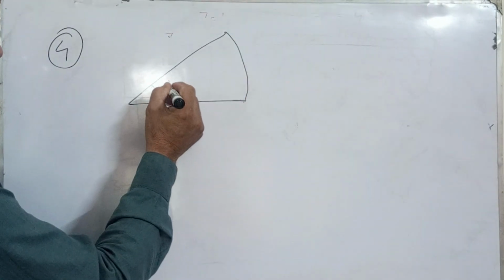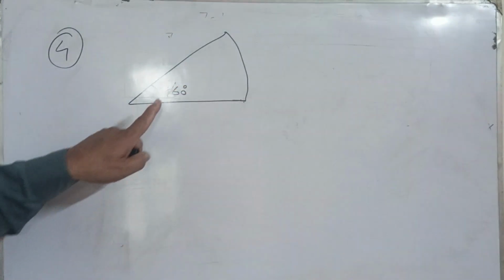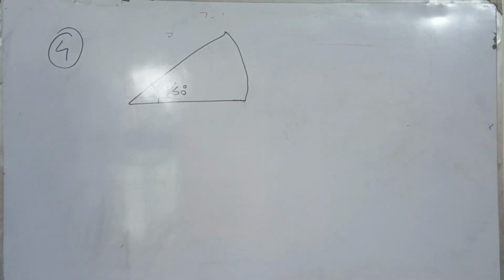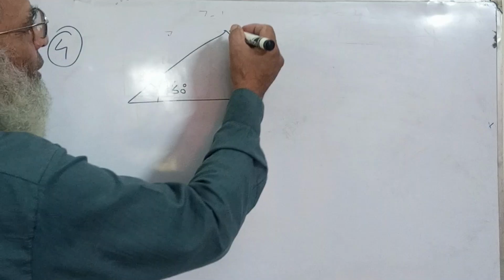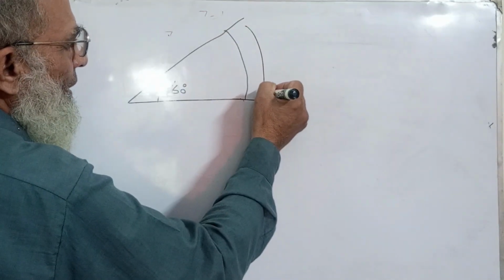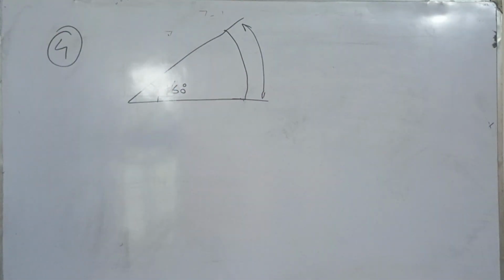The angle is 1 upon 60 degree. Please note that this is 1 upon 60 degree, and 1 nautical mile is given. In the sea or in the air, you use nautical miles.